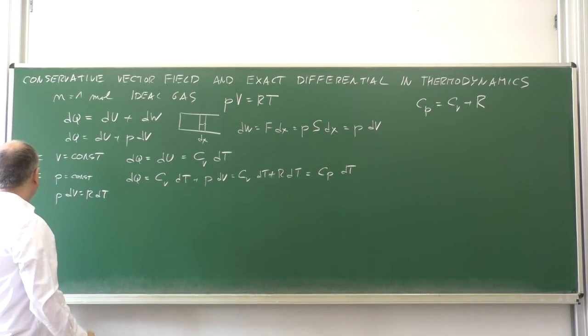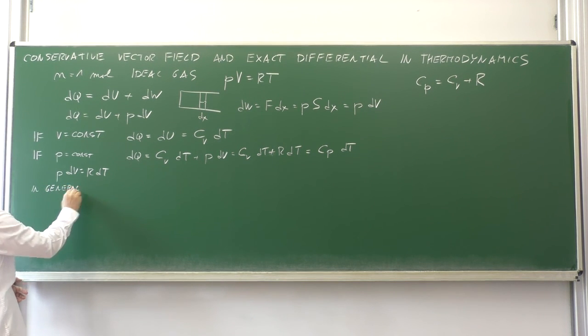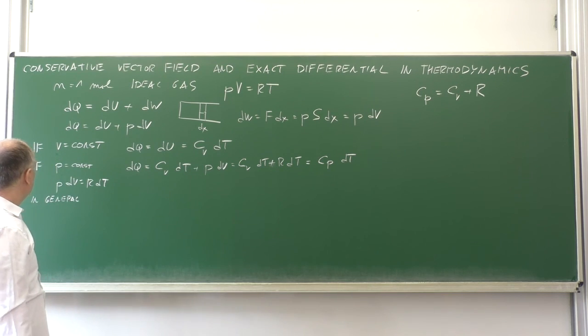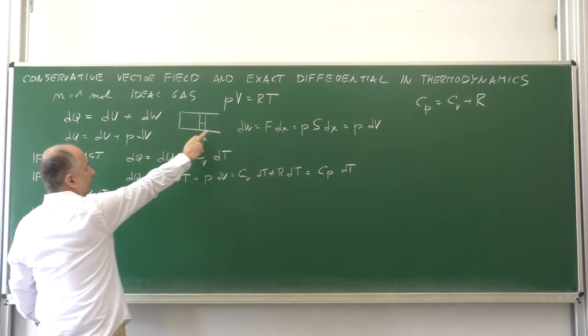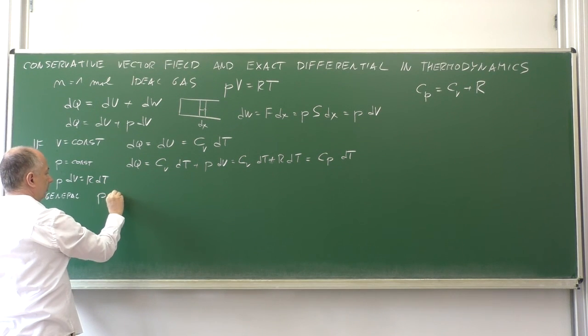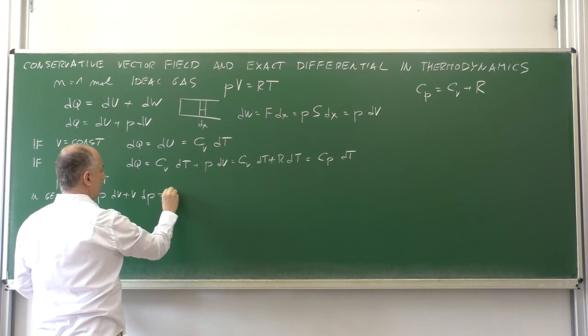And now, in general, that means not necessarily constant volume, not necessarily constant pressure. If we take the differential of this, we have P dV plus V dP is R dT.